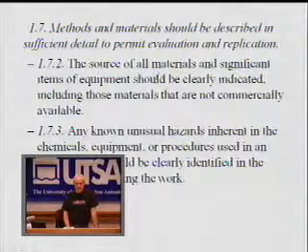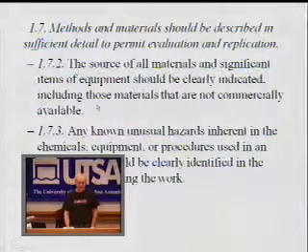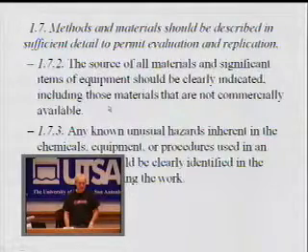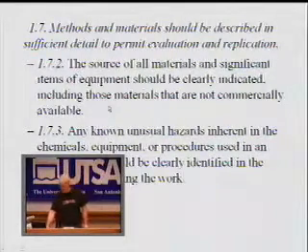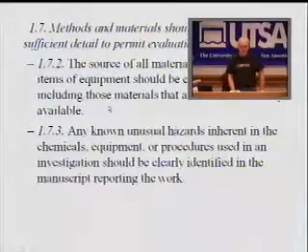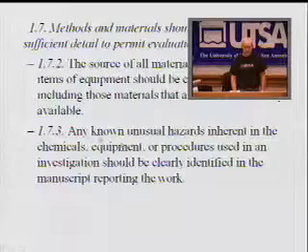So the source of all materials and significant items, equipment, have to be clearly indicated, and that includes those that are not commercially available. So if it was an antibody that was generated or a chemical that was generated by a member of the research group or through gift from some other research group, that has to be stated in the methods and certainly acknowledged where appropriate.